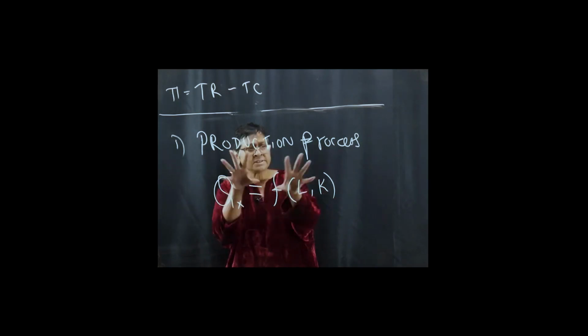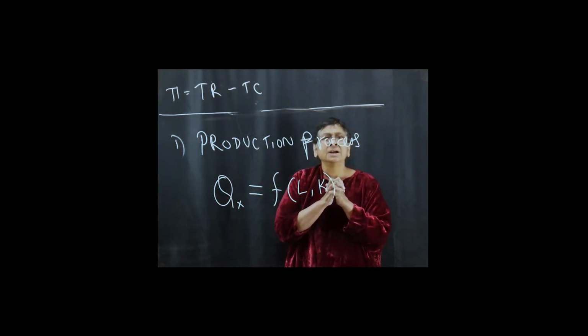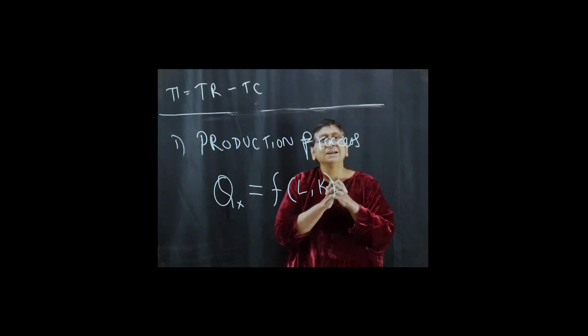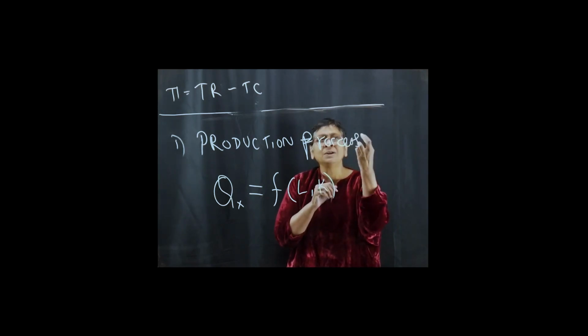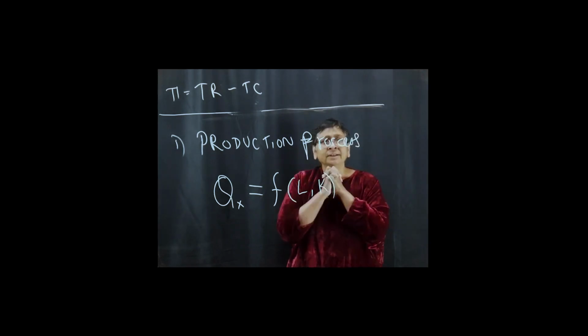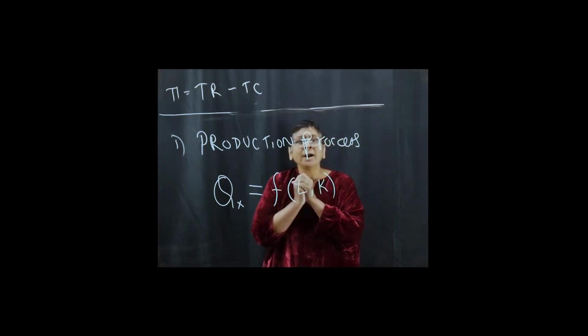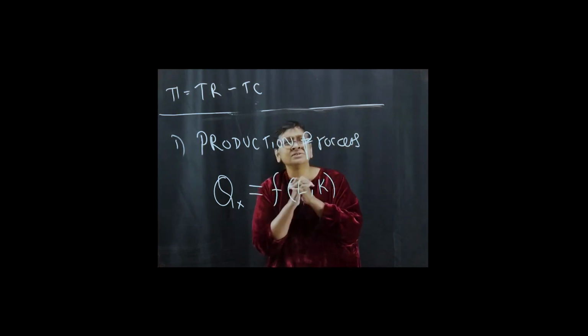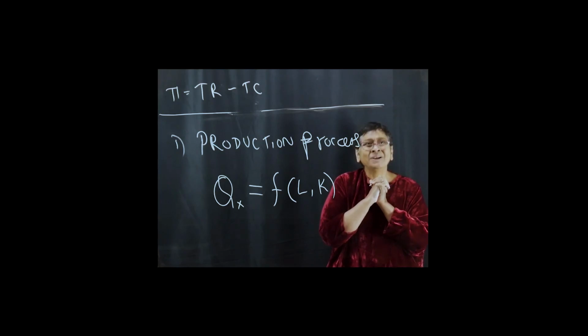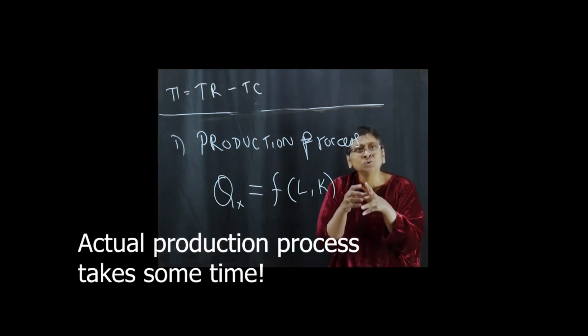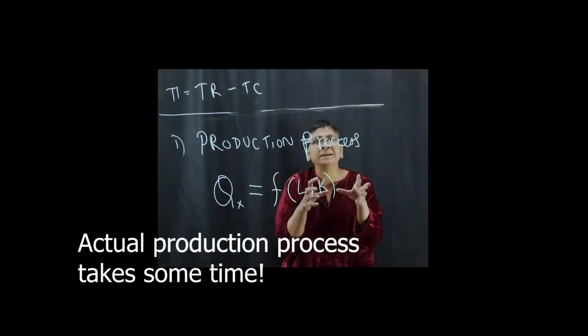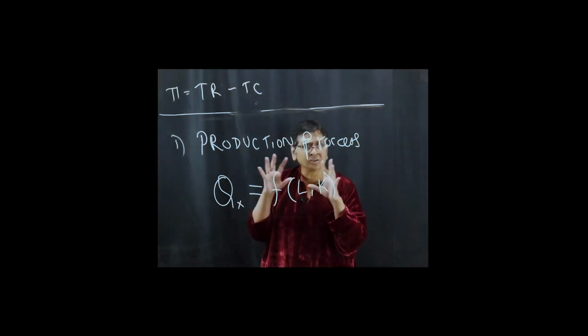So when we start thinking of the production process, we're going to have to figure things out around three major ideas, right? The first is that while the environment the firm is in is perfectly competitive, the actual production process takes some time. So for example, I might be in a competitive market.